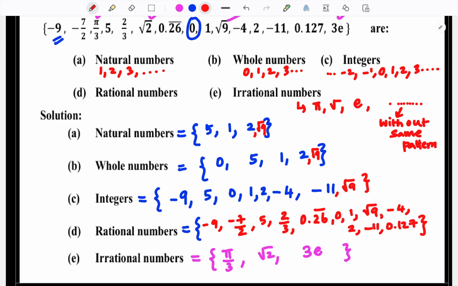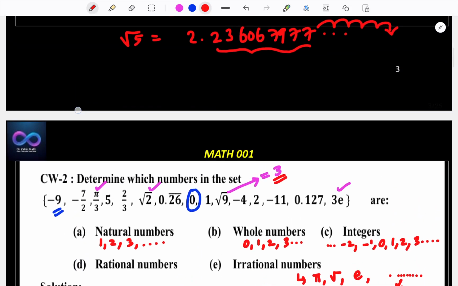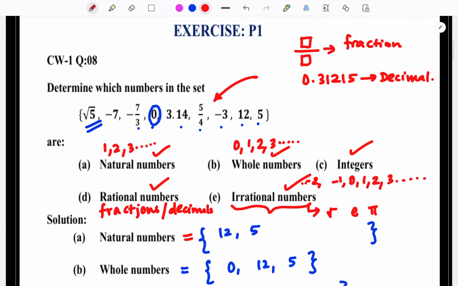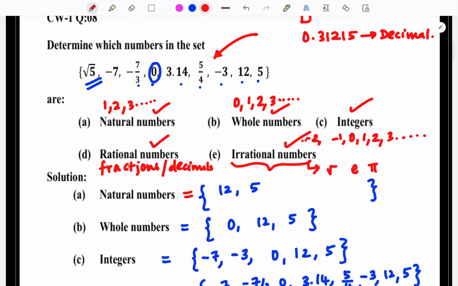Okay, right. So in this way, we learned two questions. We learned how to determine natural numbers, whole numbers, integers, rational and irrational numbers. Is it clear to everybody? So if any question is given, can you identify?